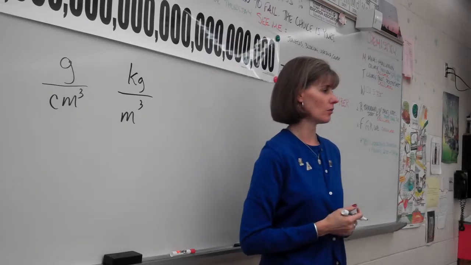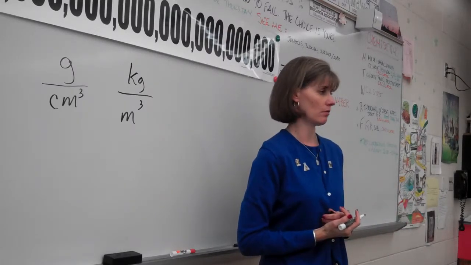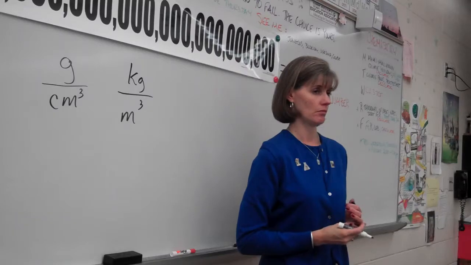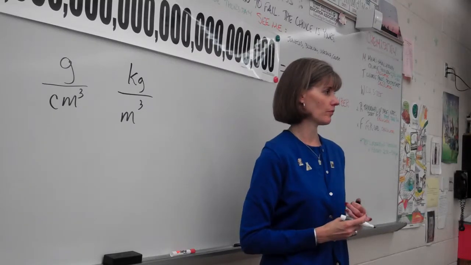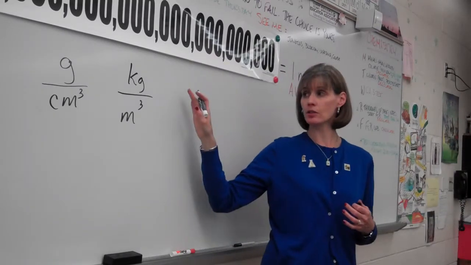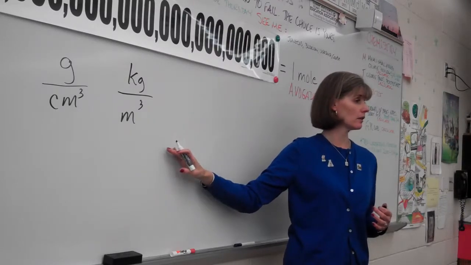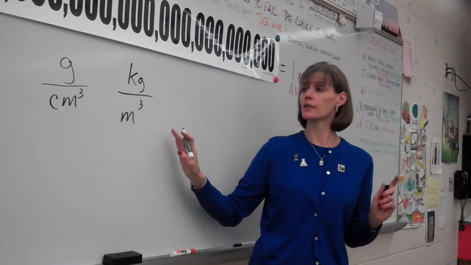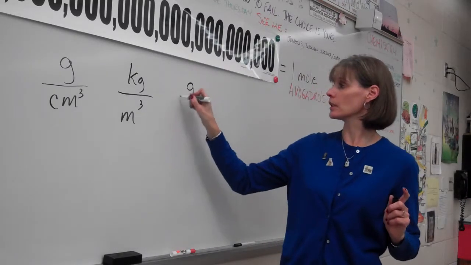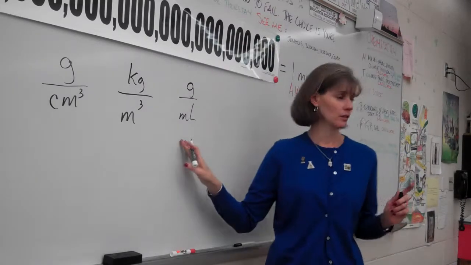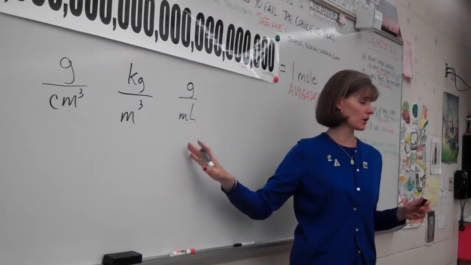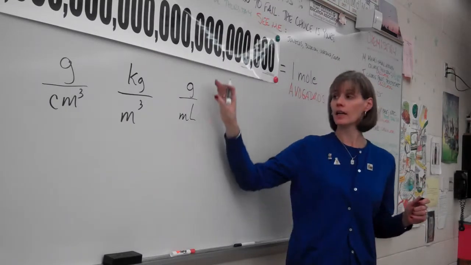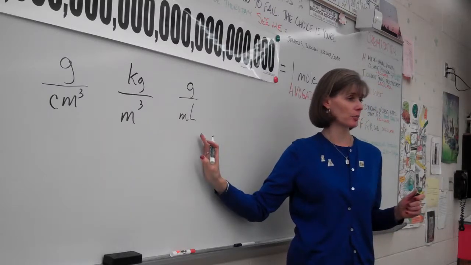Awesome unit for density. What else is a correct unit for density in the metric system? Any mass over any volume measurement, not necessarily cubed, because grams per milliliter is not cubed, but it is three-dimensional.